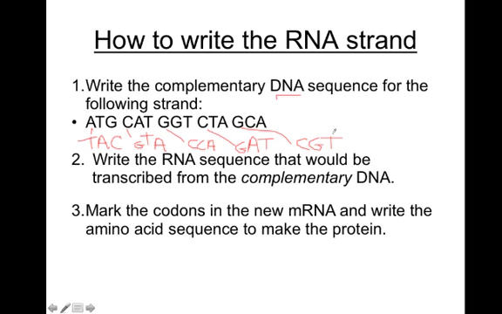And the next step is to write the sequence that would be transcribed from the complementary DNA. So all you would do is pair it up just like we did there, but remembering that A now pairs with U. Okay, so we're going to treat these T's as though they were U's.